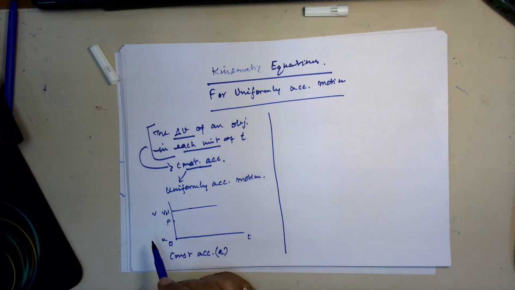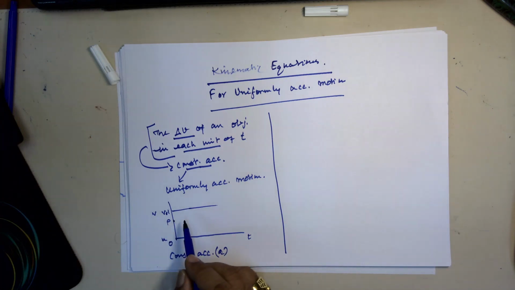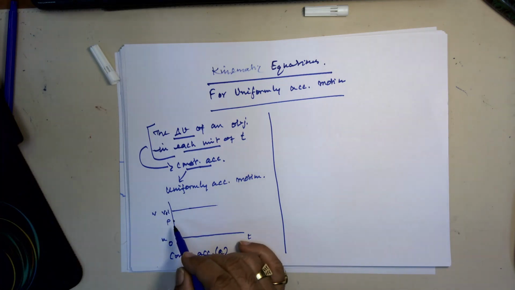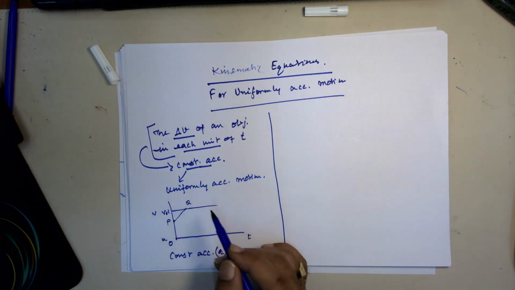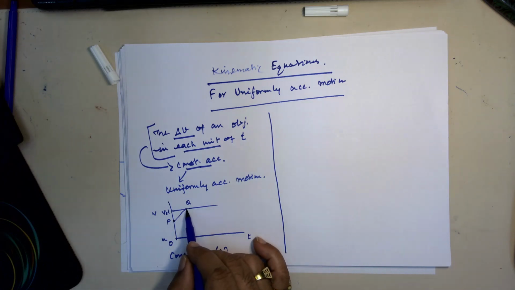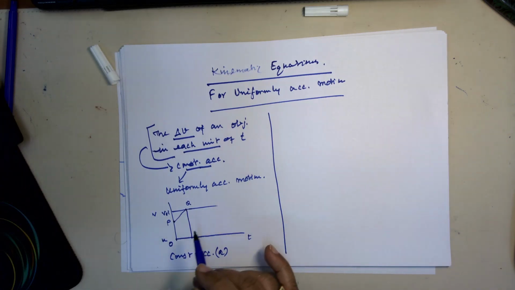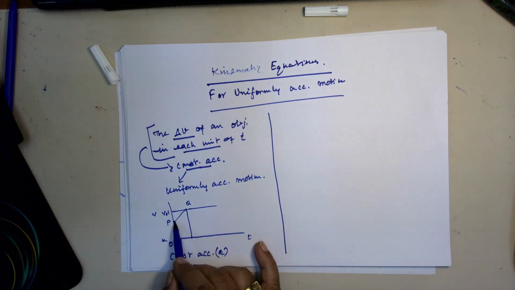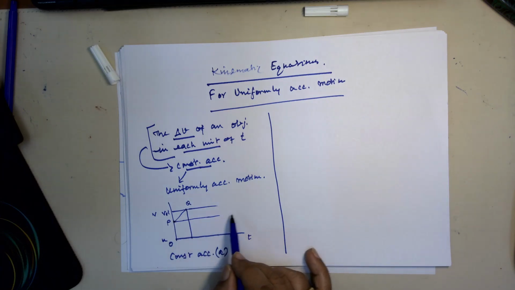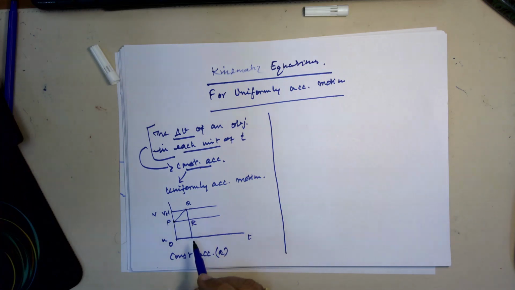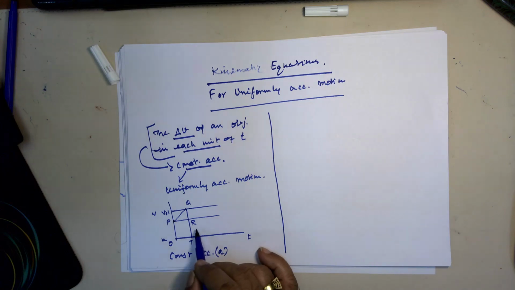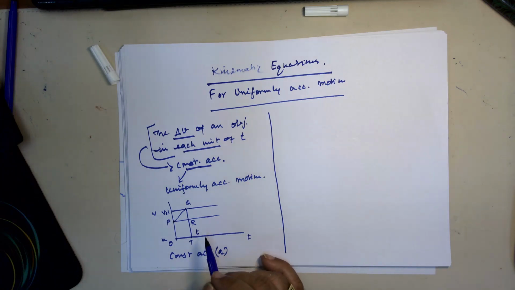This is the point P, and this is O. Now the object moves from P to Q. Draw a vertical line to the x-axis, then draw another parallel line to the x-axis, and this is R, this is D. Of course, this takes place in t seconds, so you can mention this as t.